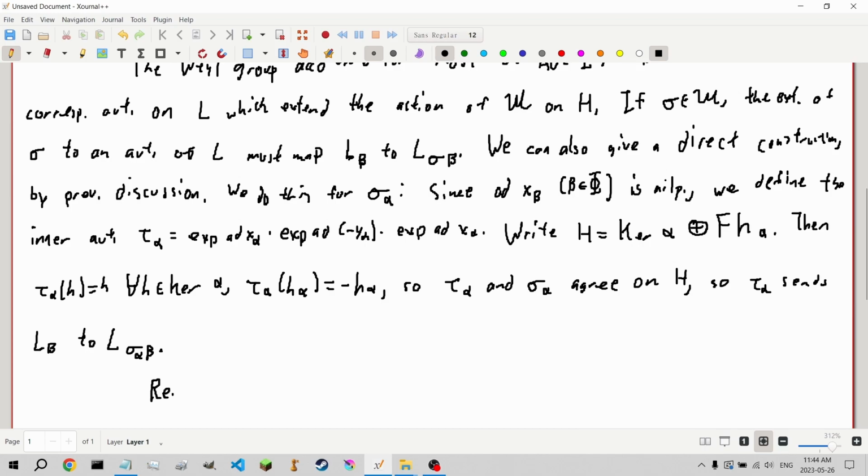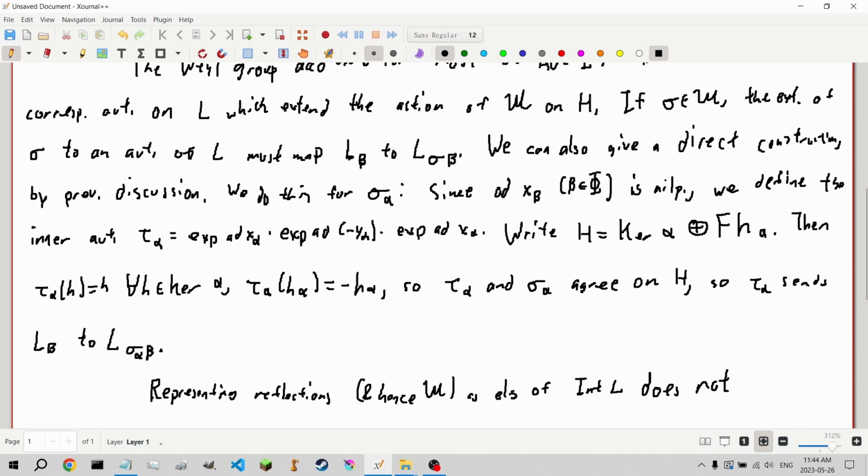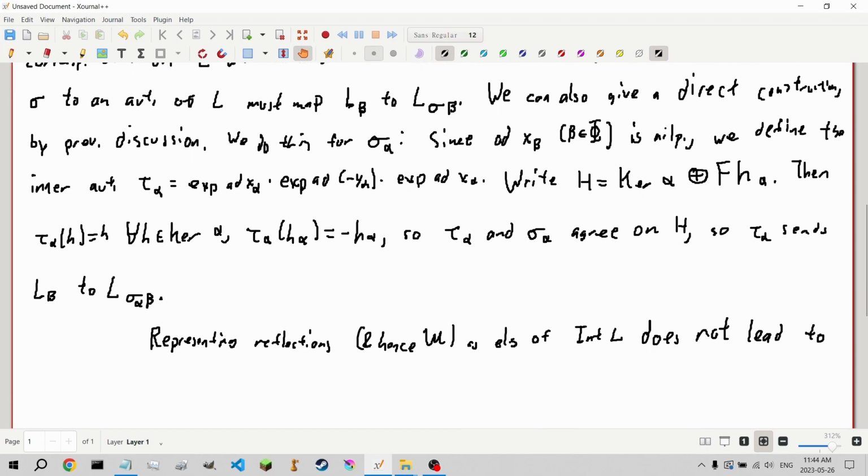But we note here that if we represent our reflections, and hence our Weyl group, as elements of the automorphisms of L, this does not lead to the Weyl group in general being a subgroup of the interior automorphisms of L. Alright, so that's actually that one chapter.